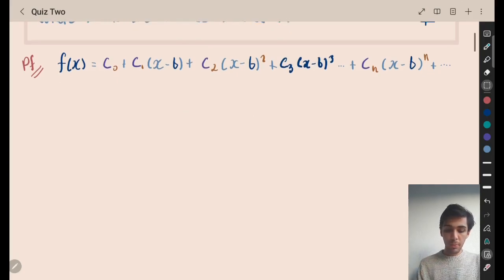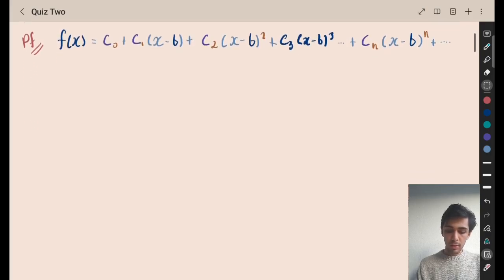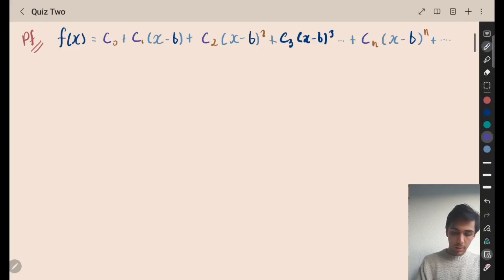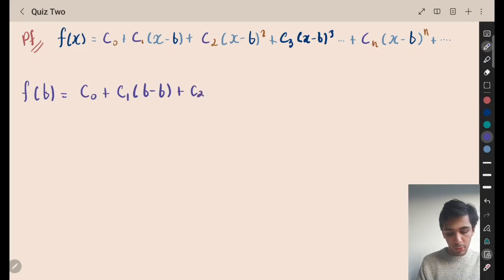So let me write this now. If I plug in b, f of b, I get C0 plus C1 times (b minus b) plus C2 times (b minus b) squared, and so on and so forth.